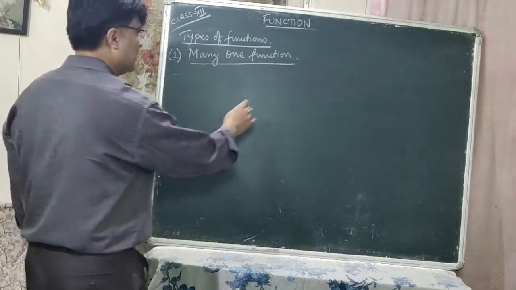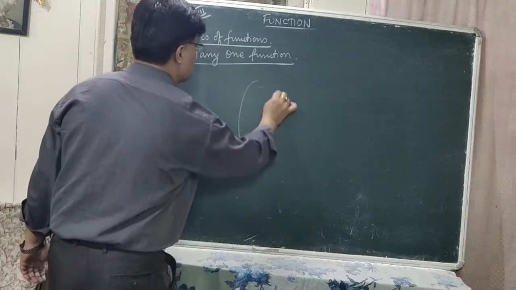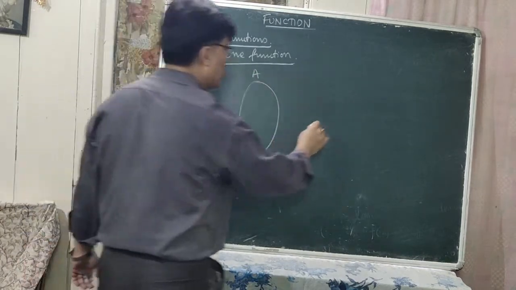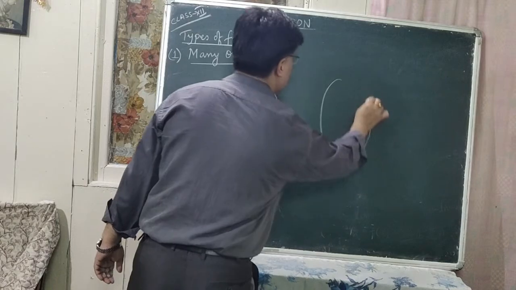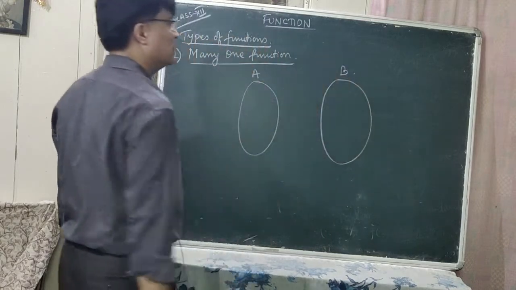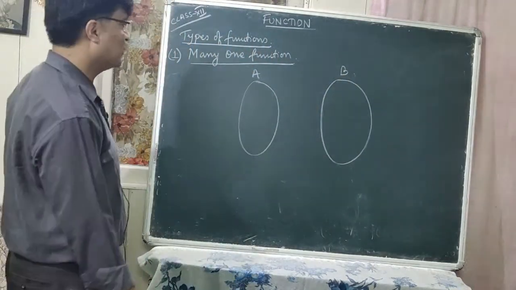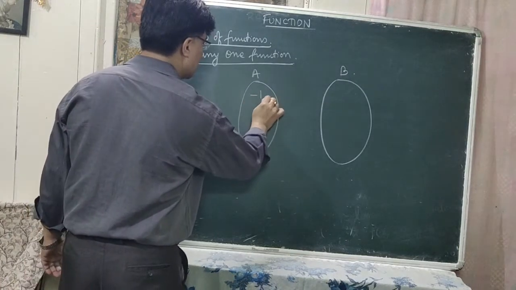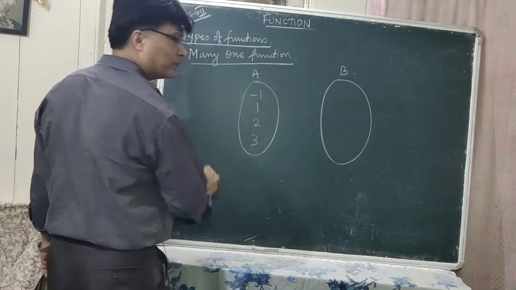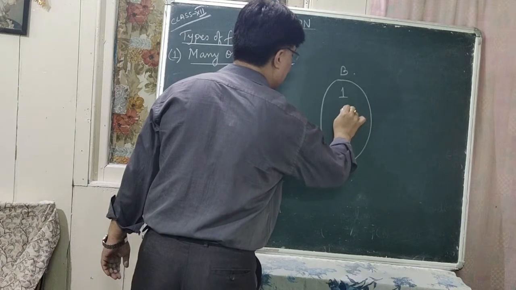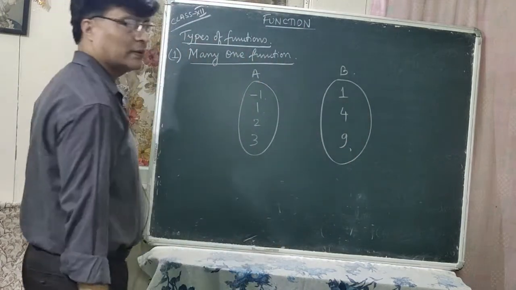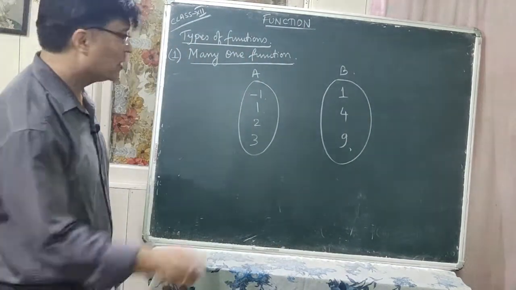Okay, like you can have, this is your set A, and this is your set B. So this is minus 1, 1, 2, 3. Suppose if you write here 1, 4, 9. Is that clear?